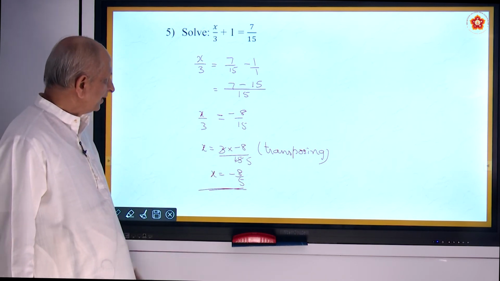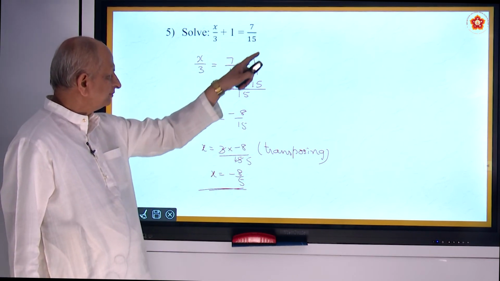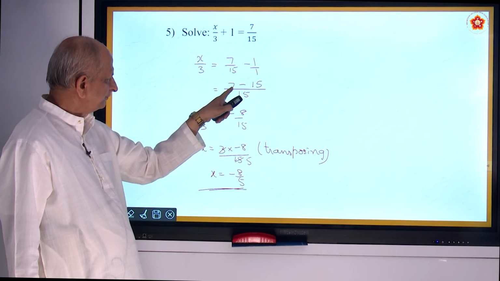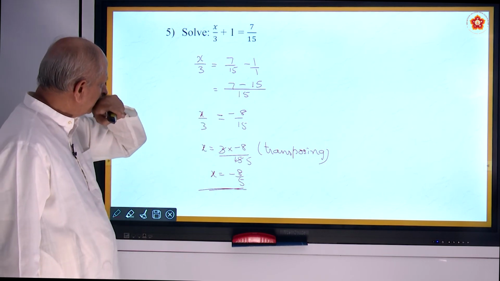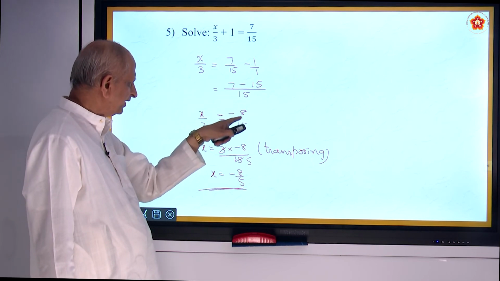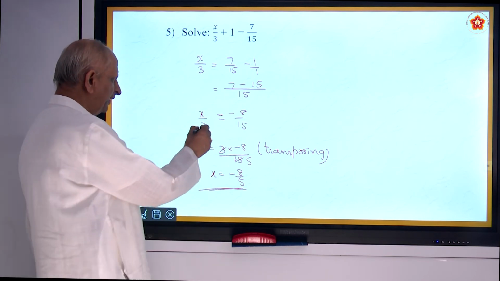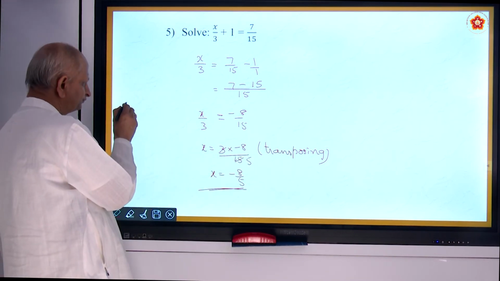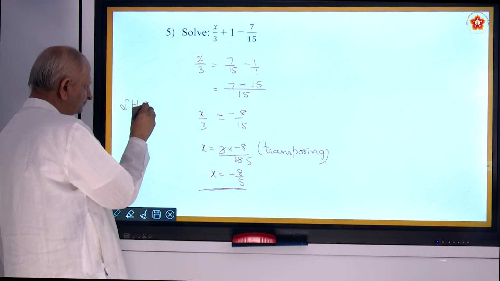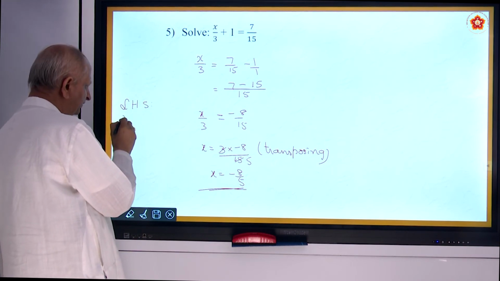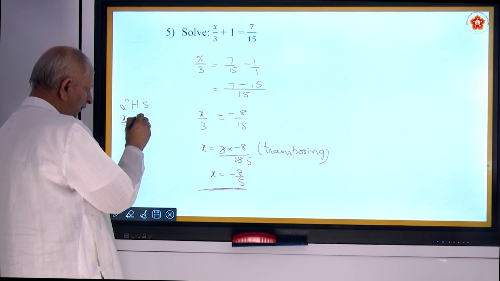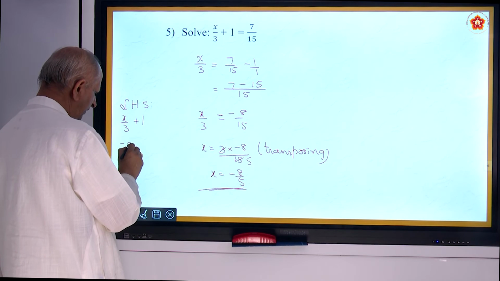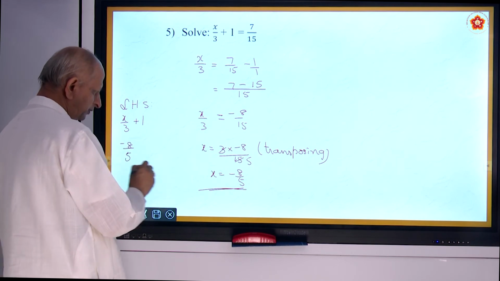Okay. So what have you done? Plus 1 was brought to this side. Then took LCM. 7 ones are 7. And minus 15. 7 minus 15 is minus 8 by 15. And 3 was taken up on transposing. Now you can verify also. So on the left hand side, you have x by 3 plus 1. What is x? Minus 8 by 5. Is it not?